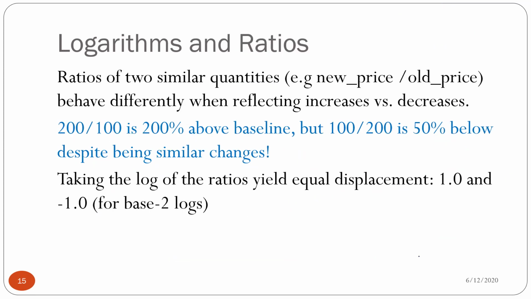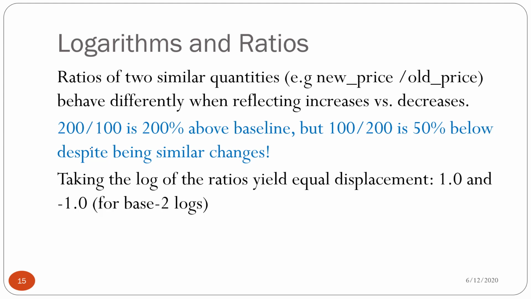Alright, so we have one more interesting case, or two I'll say, about logarithms and their application in data science. Now sometimes when you're dealing with ratios, then it helps if you use logs to represent the ratios. So the example right here is that if you have some ratio in your data set, and very often you will be dealing with ratio values, the ratio is about the new price versus the old price.